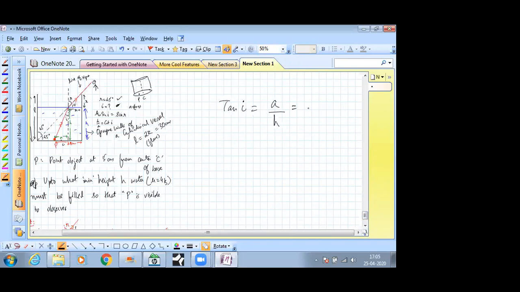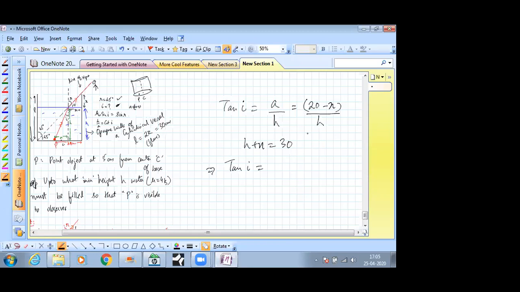E is 20 centimeters minus x. Like this. And we also have the relation that h plus x is equal to 30 centimeters. So further we can write tan I as 20 minus x, and x itself is 30 minus h.